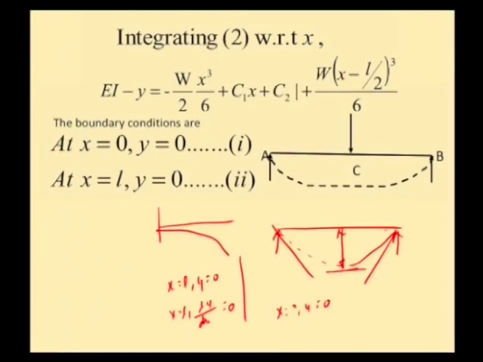We can use these two boundary conditions in equation 3. Earlier, in the case of cantilever beams, we substituted one slope boundary condition and one deflection boundary condition, but here we are substituting two deflection boundary conditions.